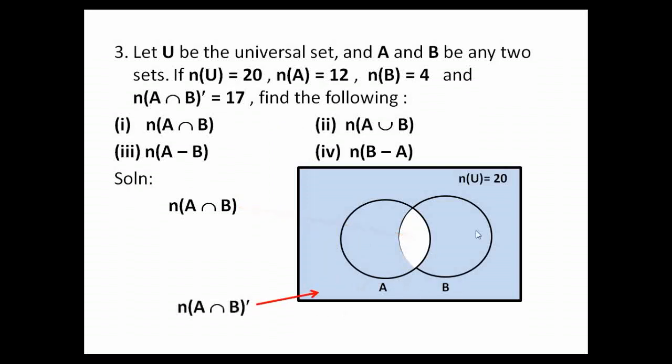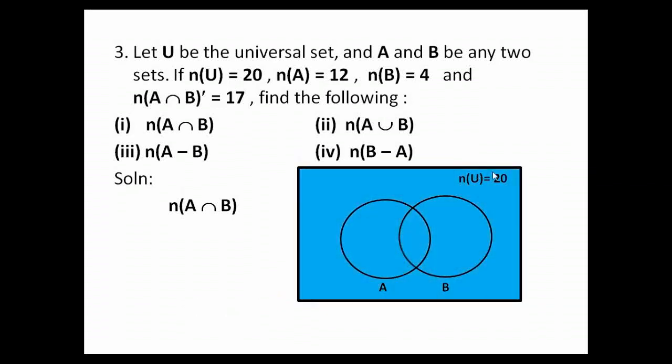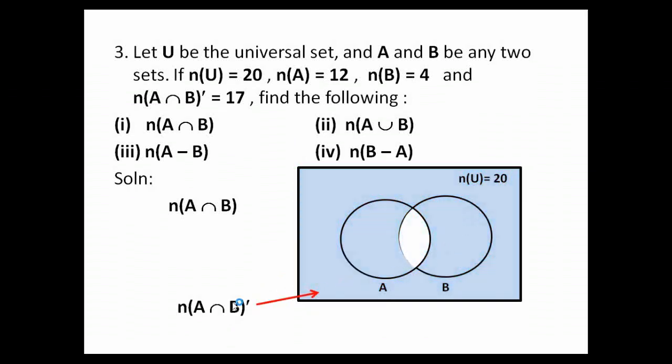This region, leaving the intersection part, the entire region is A intersection B complement. So the universal set is the entire region. So from this entire universal set we can subtract the A intersection B complement region to get the intersection region, right?